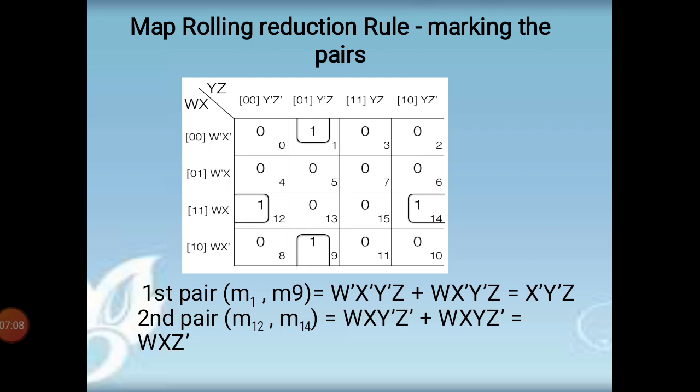Rolling from top to bottom we got M1 and M9, and rolling from left to right we got the second pair M12 and M14. Now in the first pair W complement changes to W, so we remove W and we got X complement, Y complement and Z. In the second pair Y complement changes to Y, so we remove the Y variable and we got W, X and Z complement.